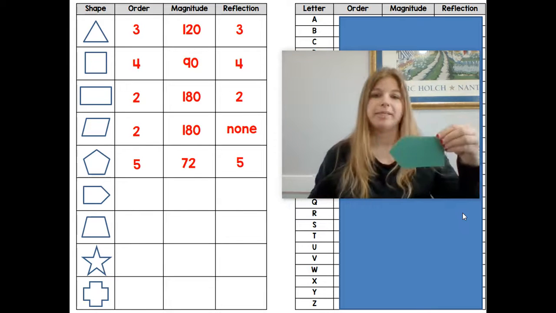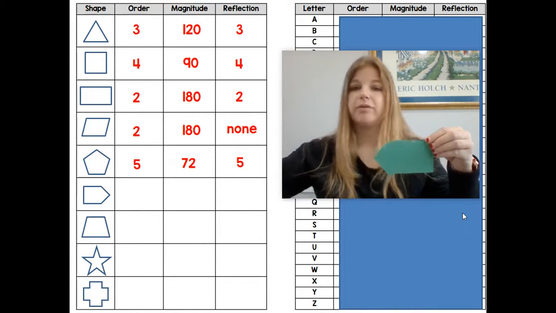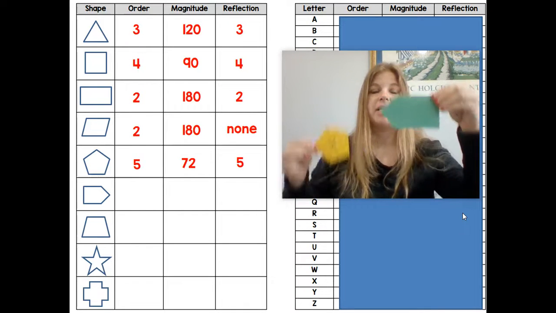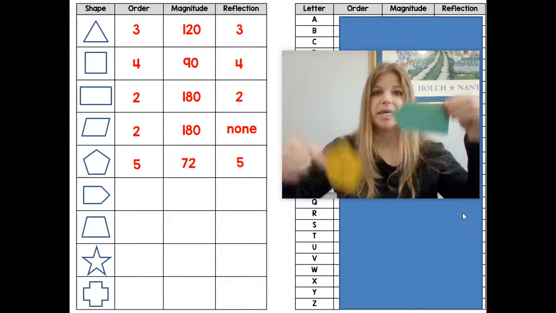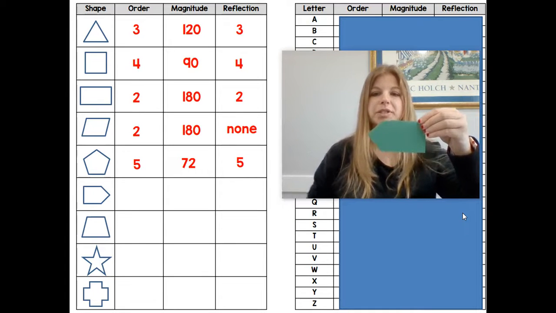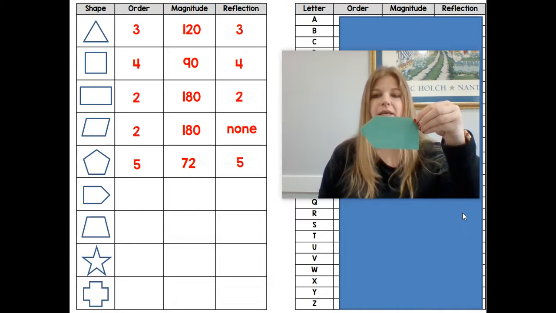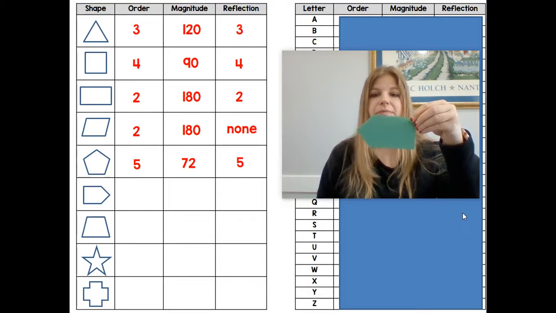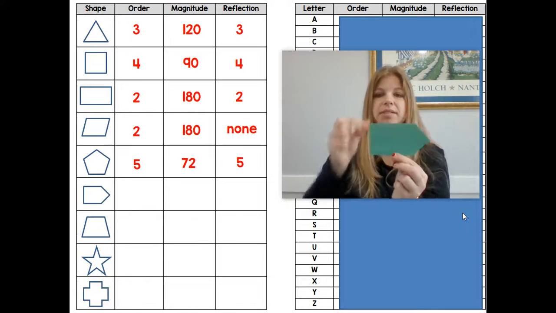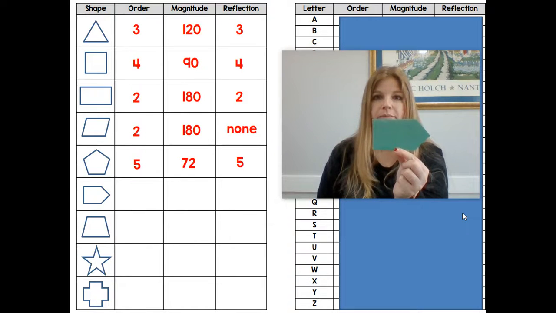This irregular pentagon. Okay, so this is a regular pentagon and this is an irregular pentagon. They both have 5 sides, but this has congruent angles and congruent sides. This does not. So here for this one, rotational symmetry. If I have this figure looking this way and it's pointing in this direction, if I rotate it 180 degrees, does it look identical to the way it looked before? No, it's pointing in the other direction.